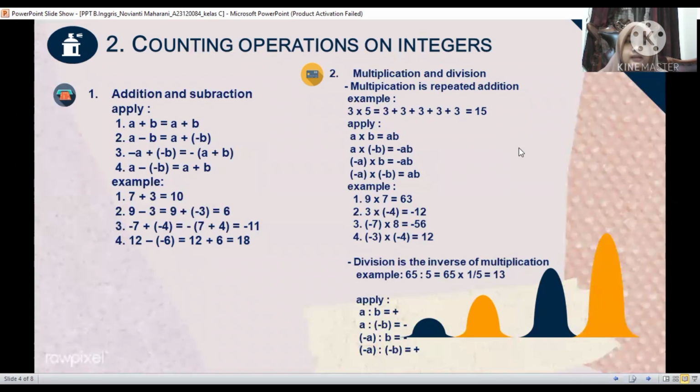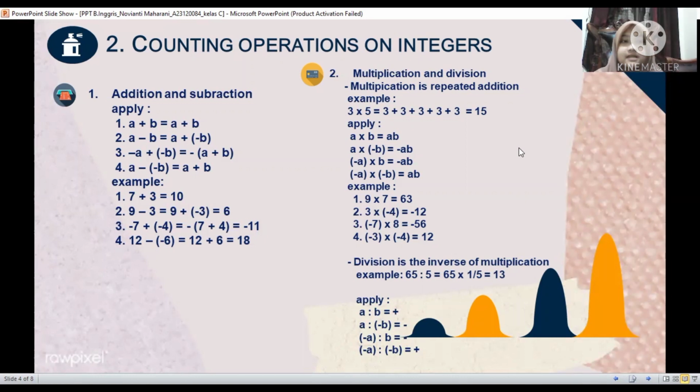Example: 1. 7 plus 3 equals 10. 2. 9 minus 3 equals 9 plus negative 3 equals 6. 3.